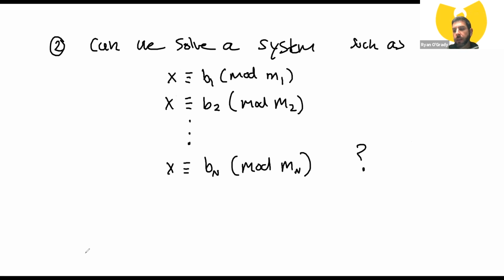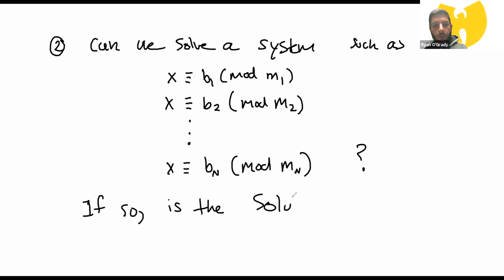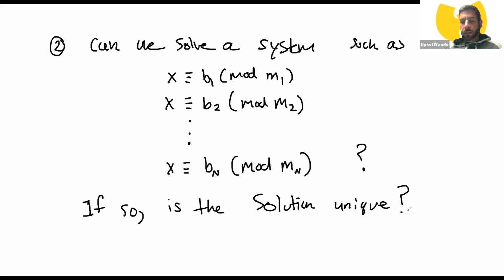And more importantly, if so, is the solution unique? That's an important question in many applications. So what we're going to do is leave these scary symbols right now, and look at a concrete example, and think about how we might solve it.